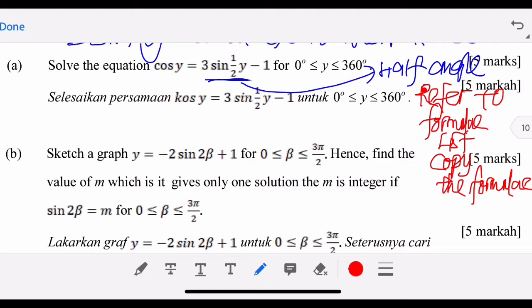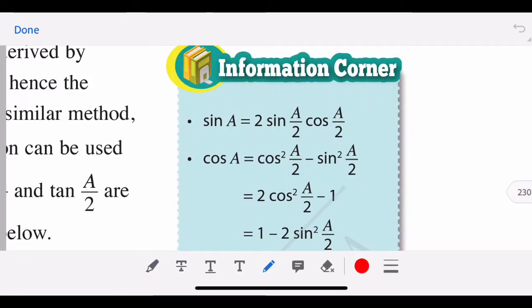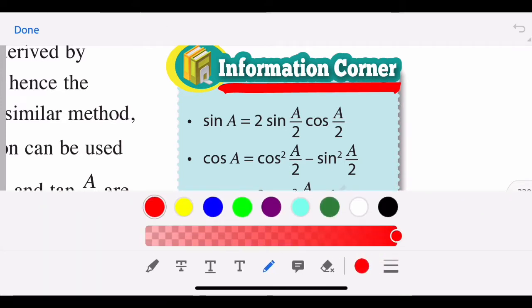Alright, so basically in the SPM exam they will give you sine 2A equal to 2 sine A cos A, right? But in fact, there is another formula, which is sine A equal to 2 sine A over 2 cos A over 2.